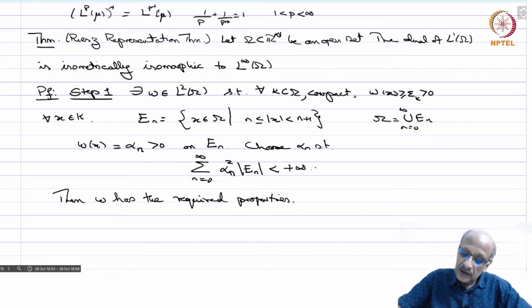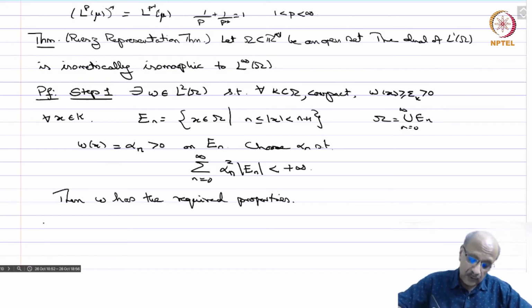Because of this condition it is in L2, and any compact set would be in some |x| <= n, and therefore it will have finitely many alpha_n's, and then you take the minimum of them. That will be a strictly positive number, and therefore W is positive on any compact set.